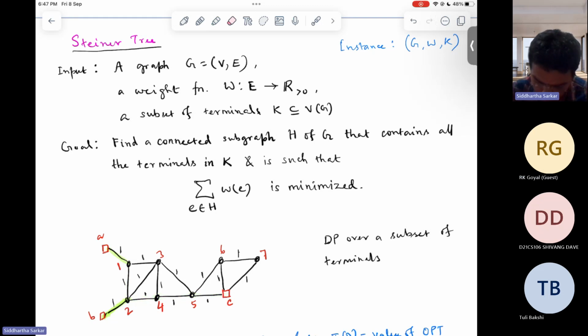Maybe one can delete these two and take these two instead, but it doesn't help, because there is no way to get rid of two edges and pick one edge. No, sorry, this is not even connected. This is even more. 6 seems unavoidable.